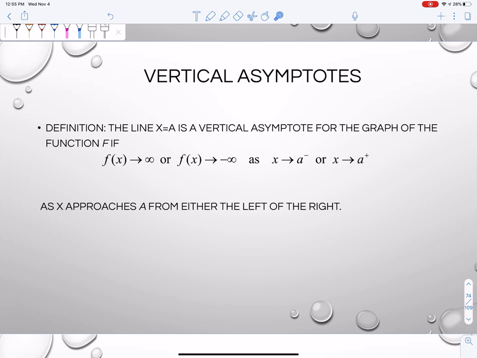So as my graph gets really close to that value x equals a, the y values, f of x, are either going to positive or negative infinity. What's really happening is I get closer and closer to dividing by 0.